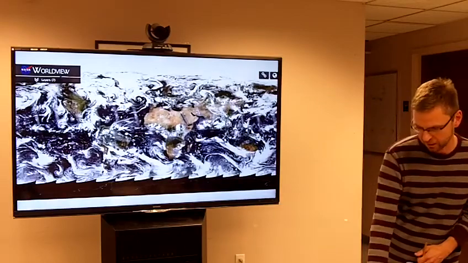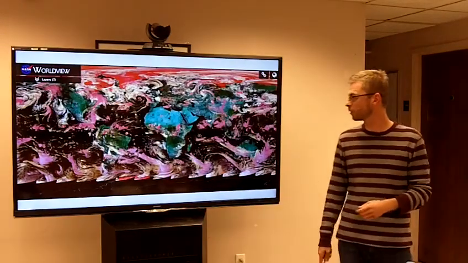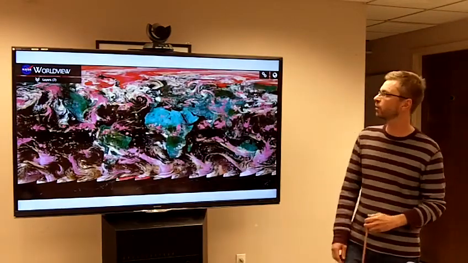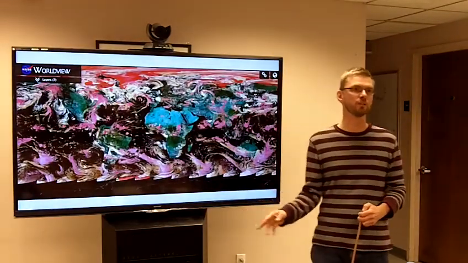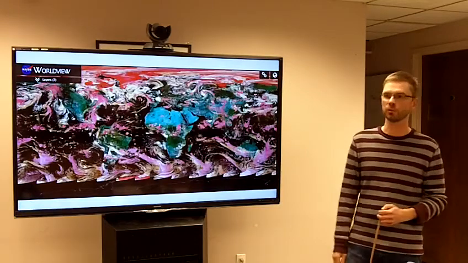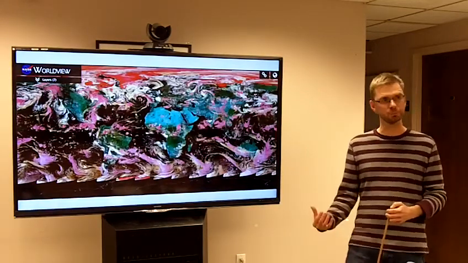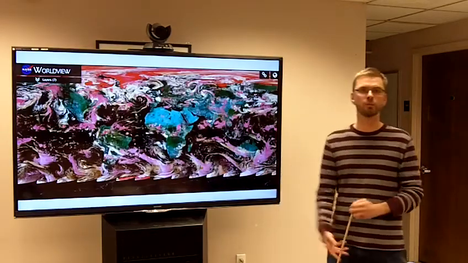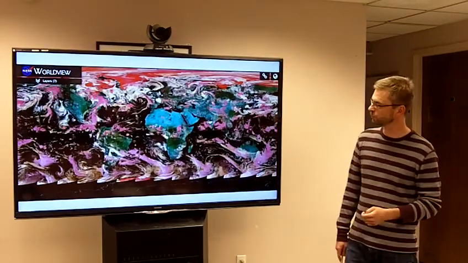But if I look in false color, this is swapping the blue and the green with shortwave infrared channels, where drops and ice crystals are absorbing. The bigger the particles are, the more absorption you see.